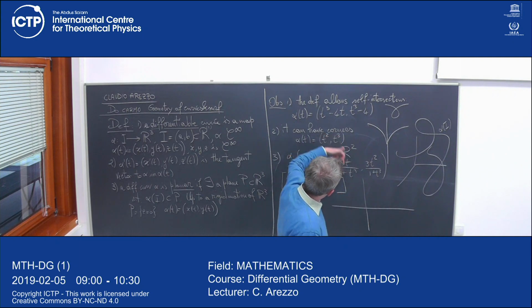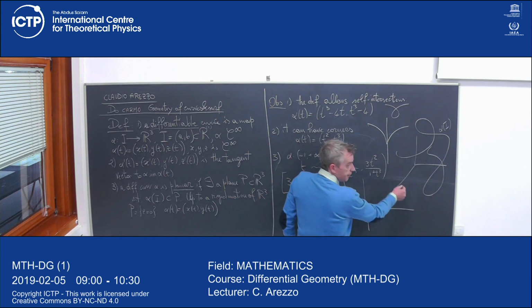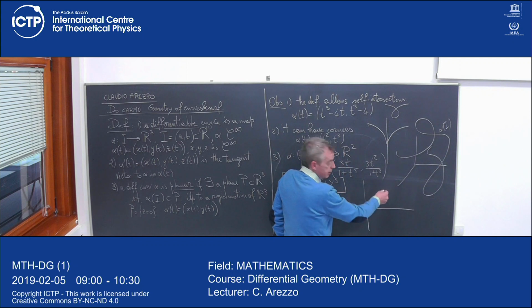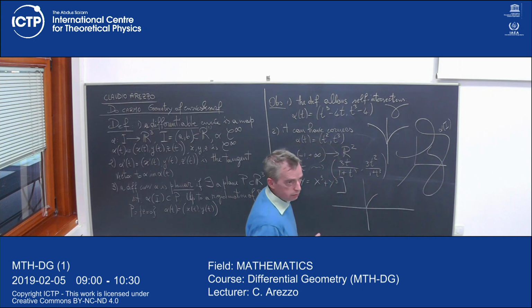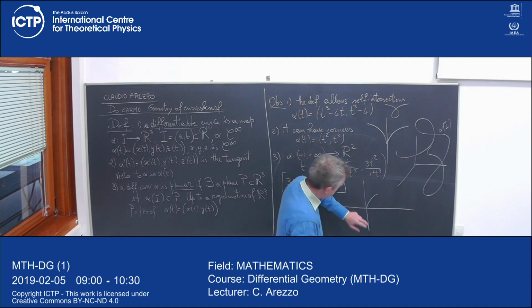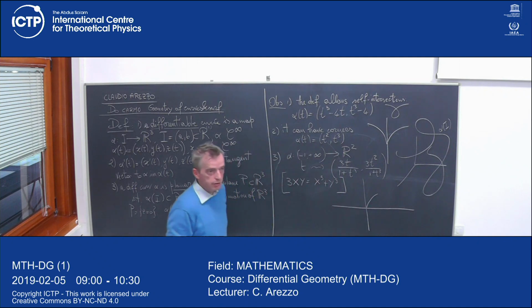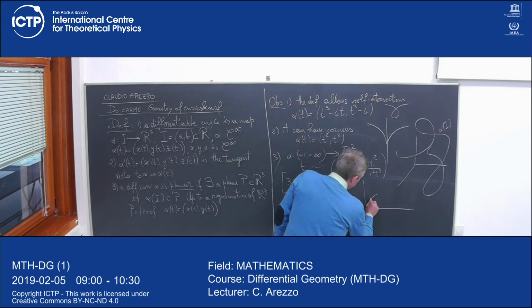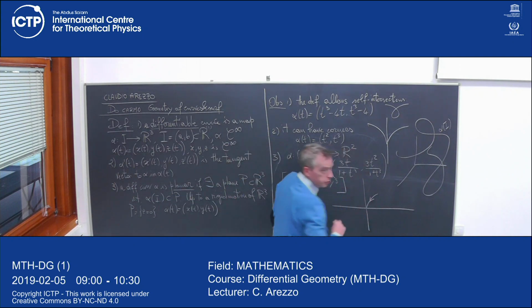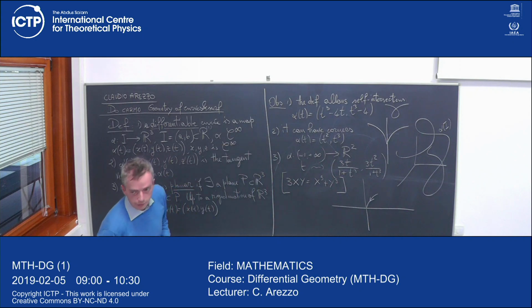But for t going to infinity, t cubed kills t and t squared, so this goes to 0 and this goes to 0. So for t going to plus infinity, this curve comes from somewhere and goes to the origin. Of course, it will never reach it, but the limit will be (0, 0). Sometimes it's useful to put arrows on the curve to remember.